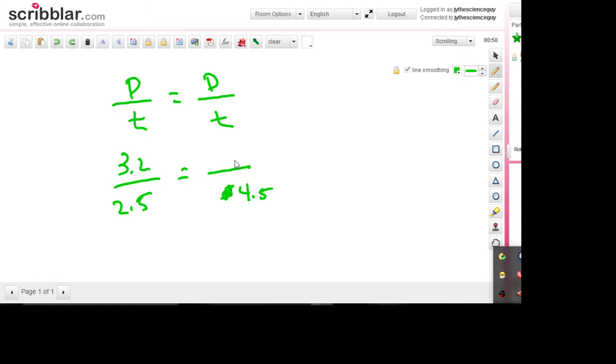So that's 4.5, and then this is going to be my new distance. Does that make sense? I guess the important part is 2 hours later. That's the point. Because you found out how far they would be after 2 hours, which made sense to me when I looked at it.